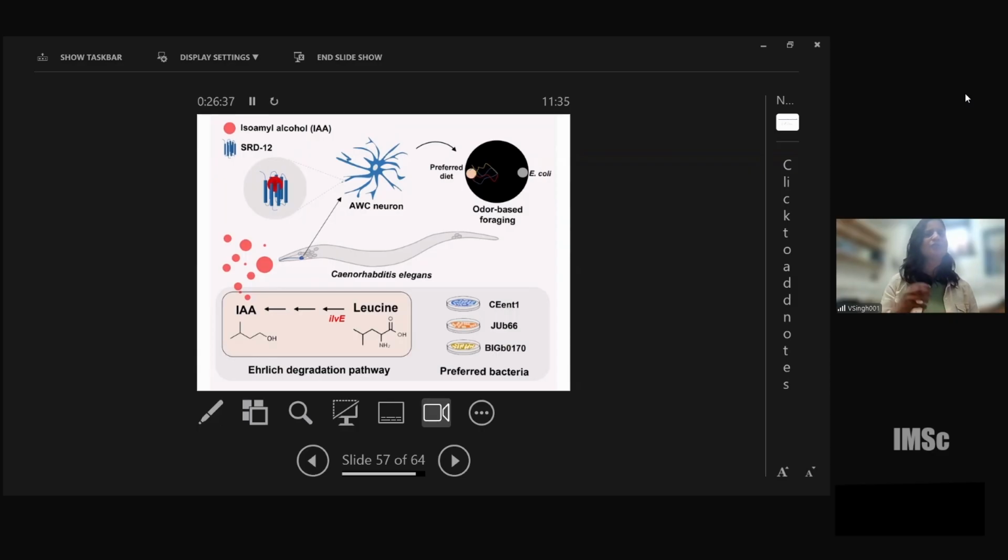And using genetic tools both in C. elegans and in bacteria, we're able to see how this odor, for example, in this case, isoamyl alcohol is generated. How does C. elegans perceive it using an olfactory neuron and a specific receptor, but also be able to provide why should it matter to worms.